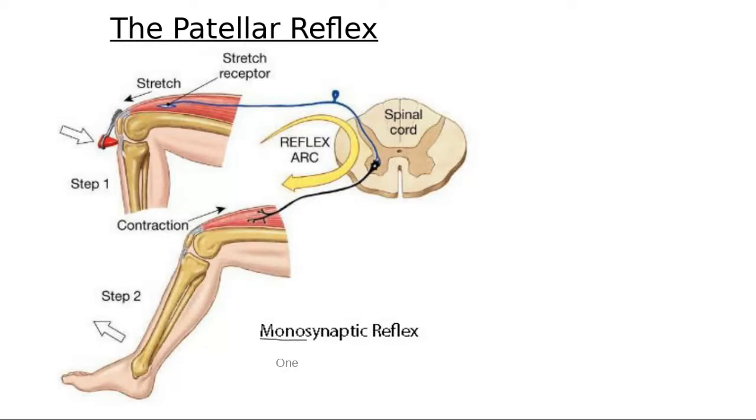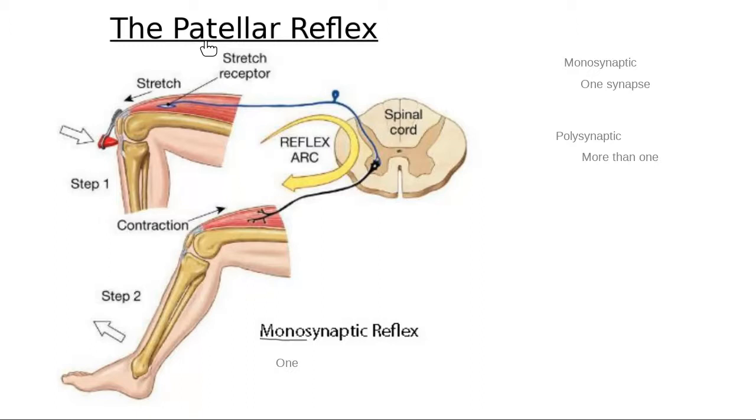So if I have a reflex that is monosynaptic, that means it has one synapse. A synapse is a place where a neuron talks to another neuron. Most of your reflexes in the body are what we call polysynaptic. Polysynaptic means there's more than one. Pretty much the only monosynaptic reflex that you're going to learn is the patellar reflex.